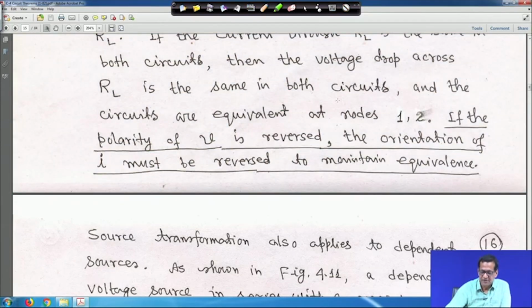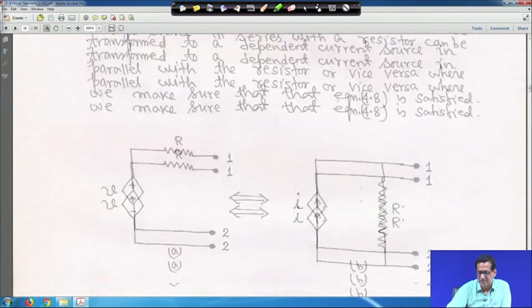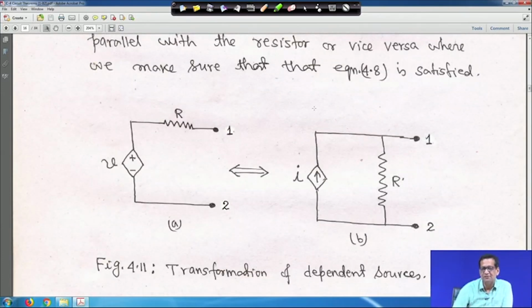Now, source transformation also applies to dependent sources. Later we will see this when we consider numericals containing different types of dependent sources, voltage or current.